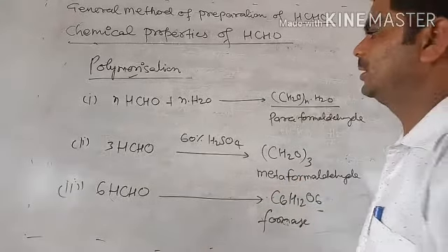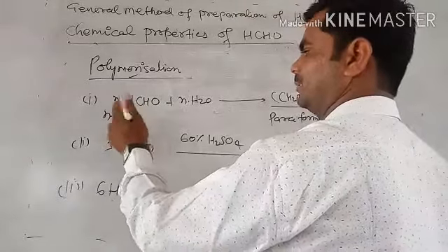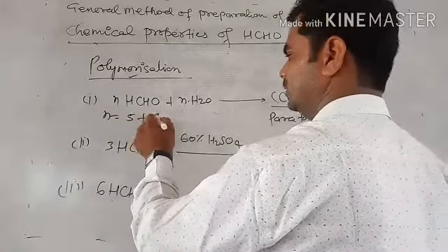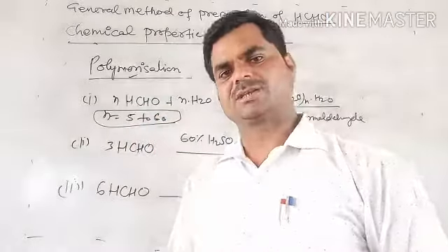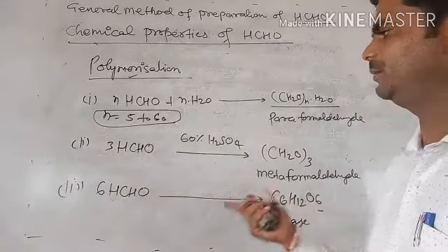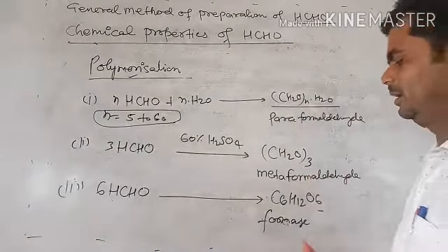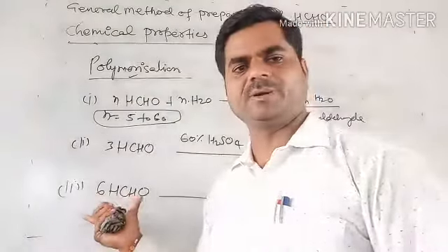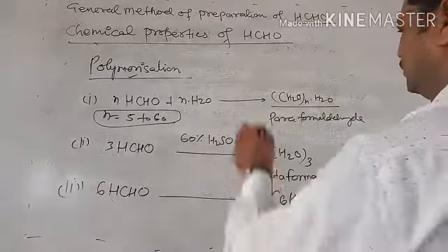In this case, n, the number of carbons, is 5 to 60. In the formation of metaformaldehyde, 3 molecules of formaldehyde combine, and for formose, 6 molecules of formaldehyde combine. Okay, note it.